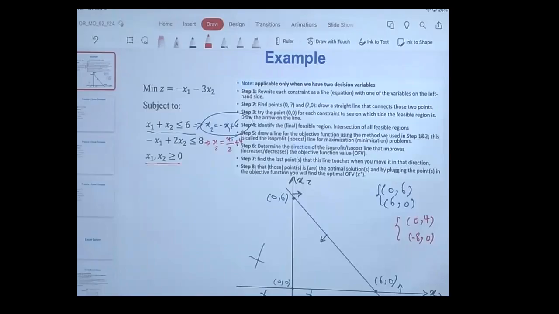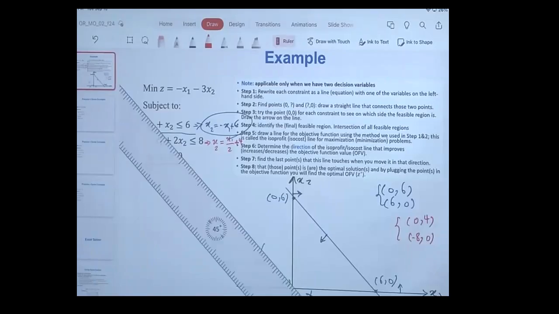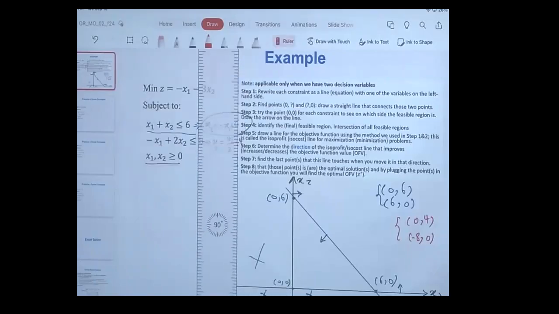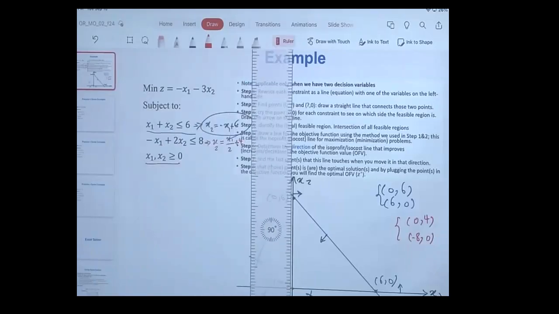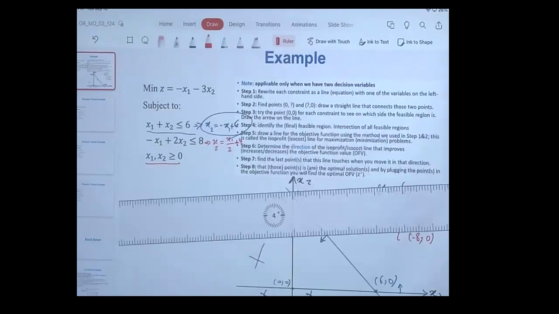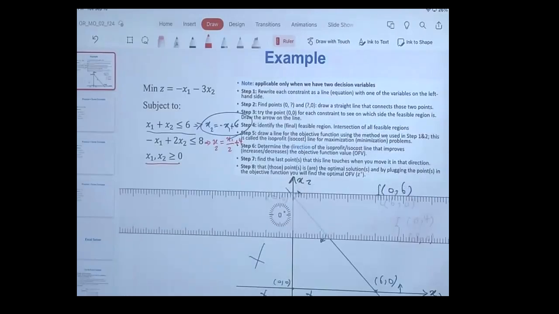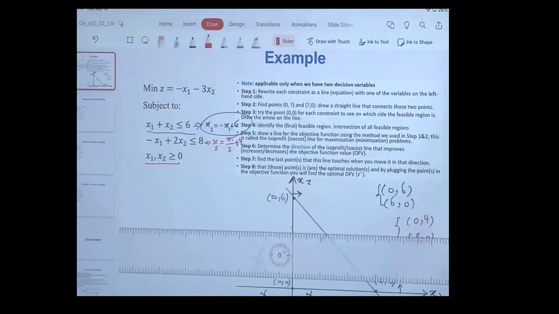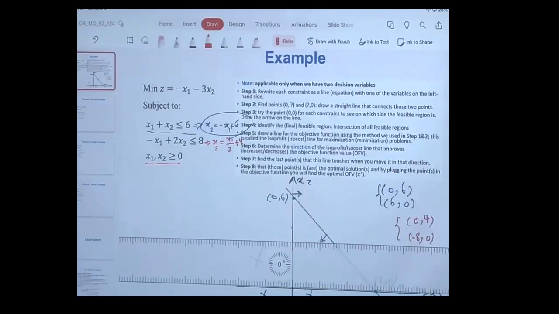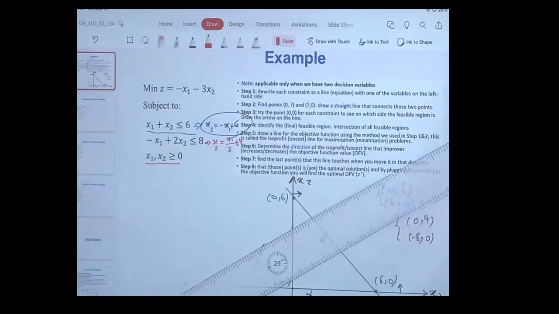One point is 0 and 4, and the other is minus 8 and 0. I can connect those 2 points.